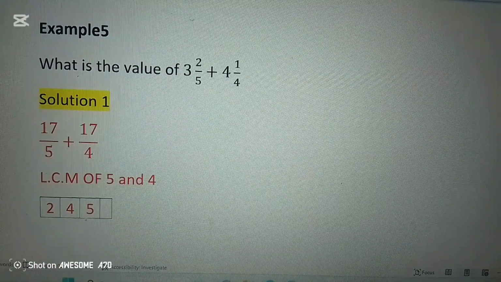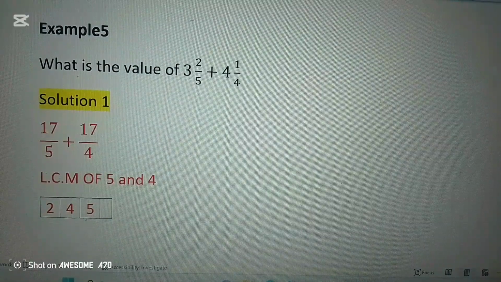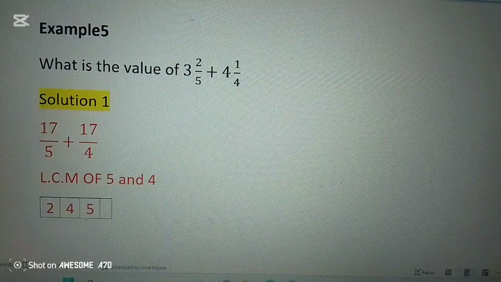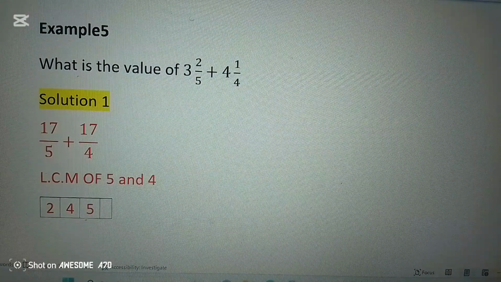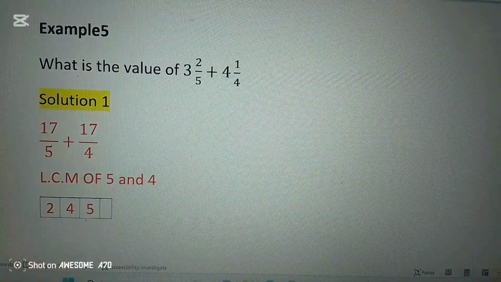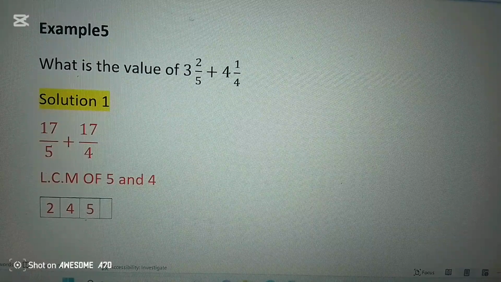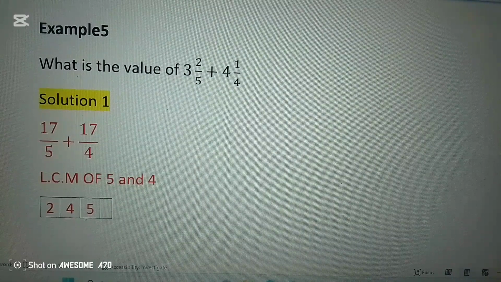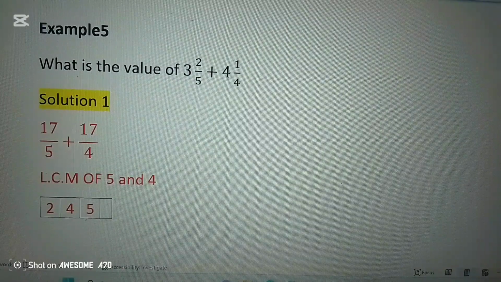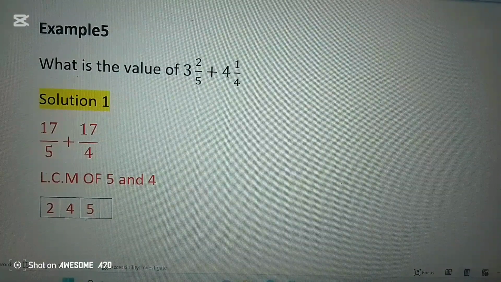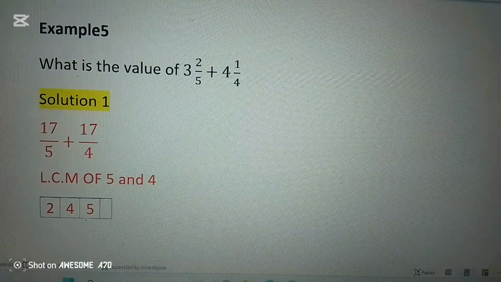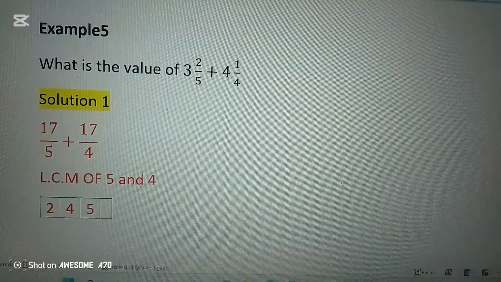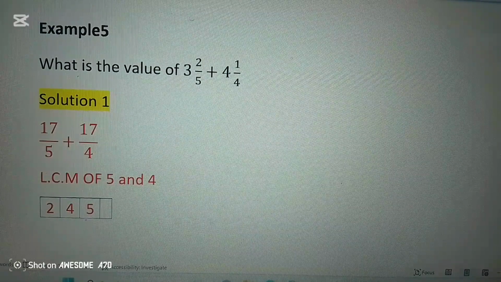Either can do, but I prefer the second one. The second one is easier.